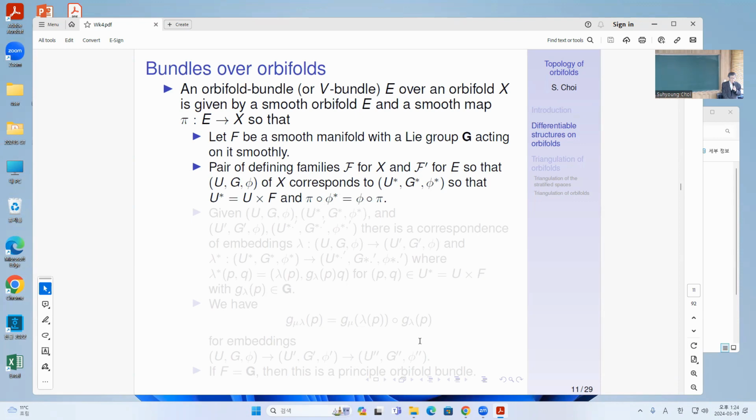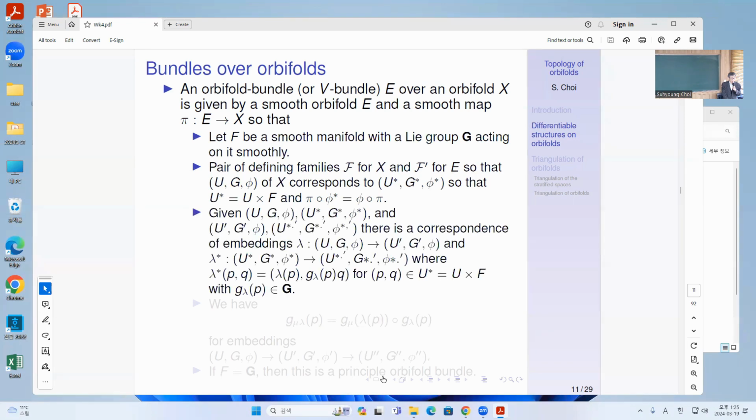Okay, so given these two and then another pair, there is a corresponding embedding. So suppose for X there is an embedding here. Then it also induces this embedding where lambda star (p, q) is (lambda(p), g_lambda(p) q) for (p, q) in U star, which is U times F, with g_lambda(p) in G. So it will act by some element of G here.